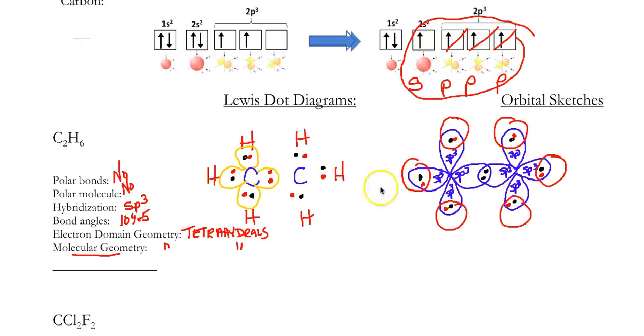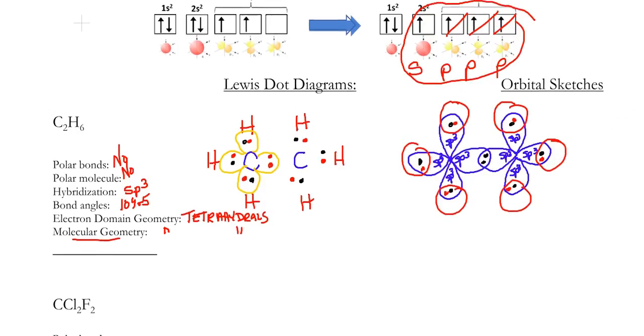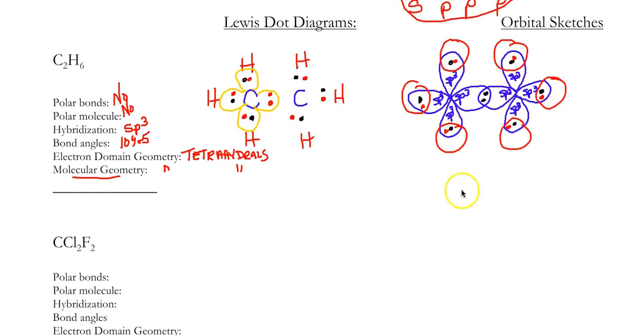Now this looks like it's a planar molecule. It really is not. As I've done before, I'm going to have, let's say, this one and this one in the same plane, this one coming at you, and this one coming behind.